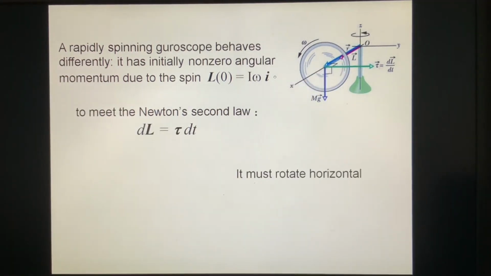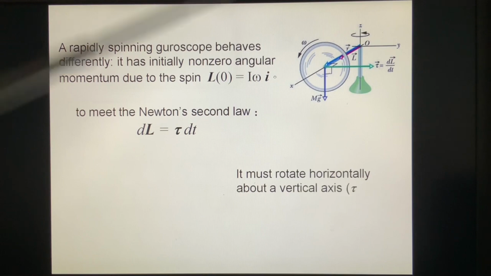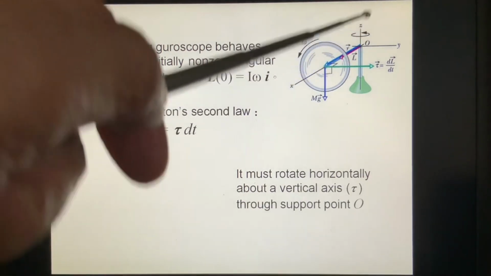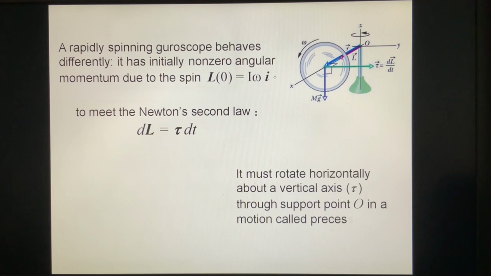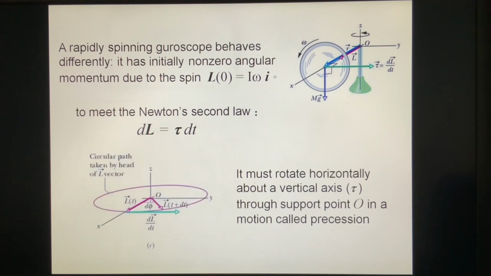It must rotate about the vertical axis z. I call it xyz. Originally, you spin around the x axis, and you have a torque around the y axis, and it turns out you rotate around the z axis. So you see this one is L, rotate. dL should be along the y direction in our case, torque.